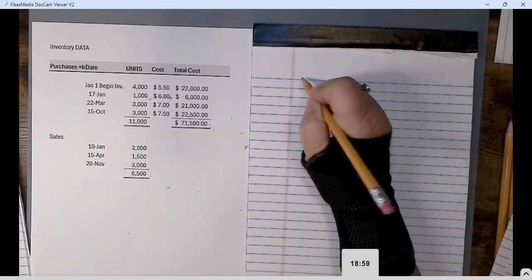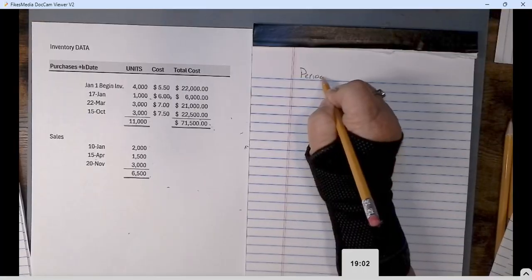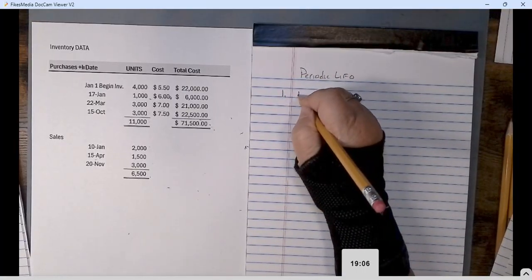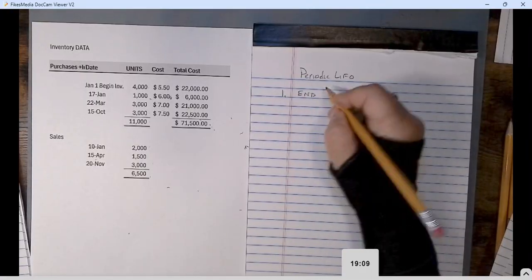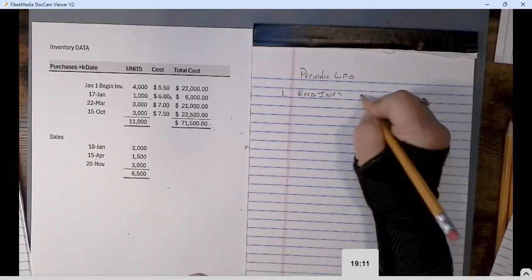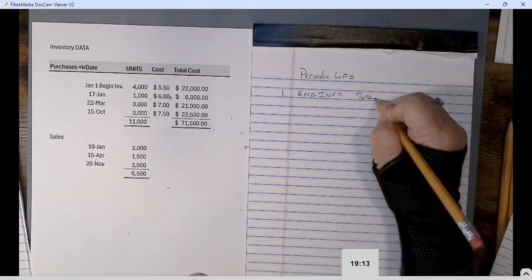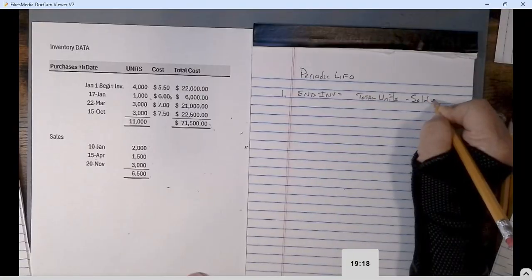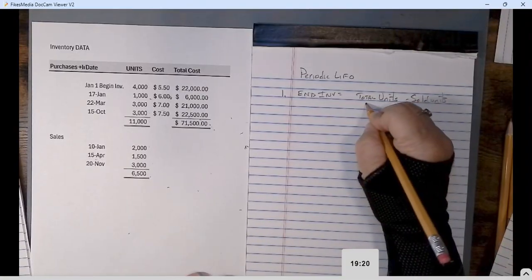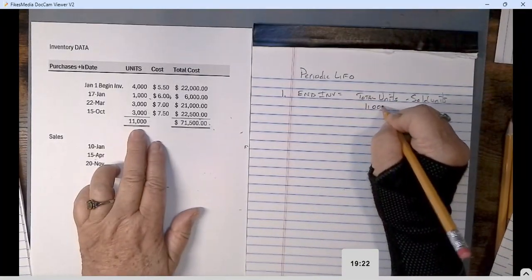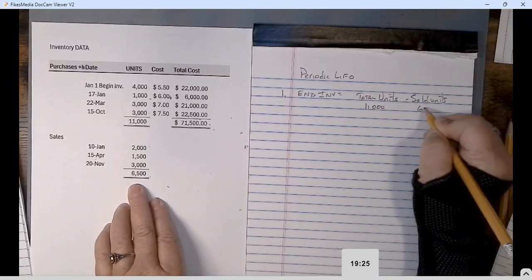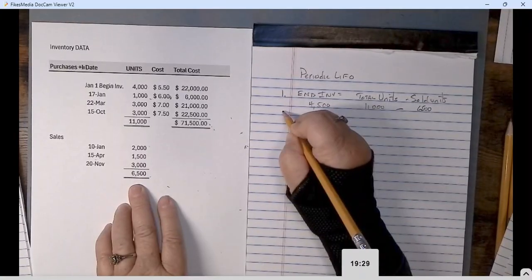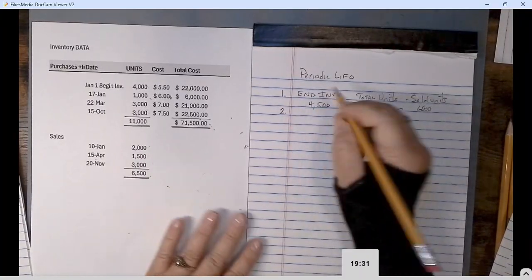Let's do periodic LIFO. Okay, the ending inventory equals total units minus sold units, total units minus sold units, number 2.